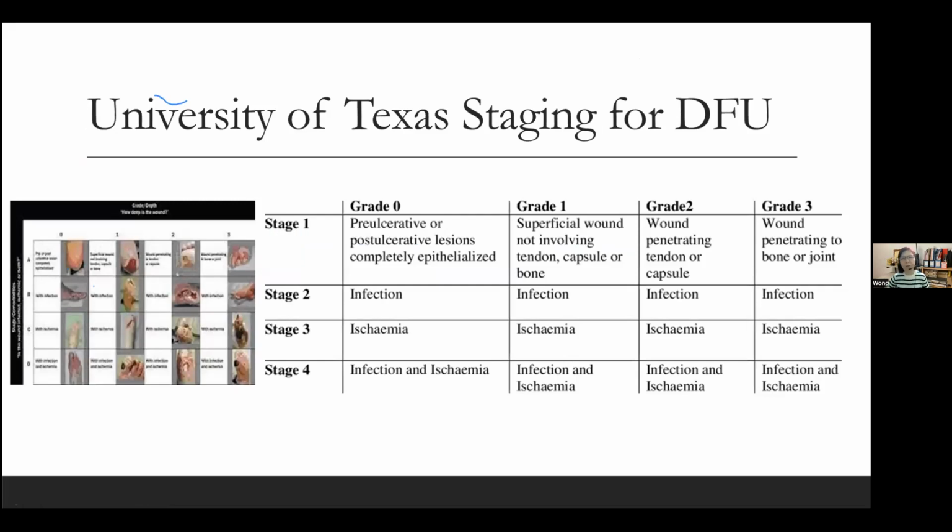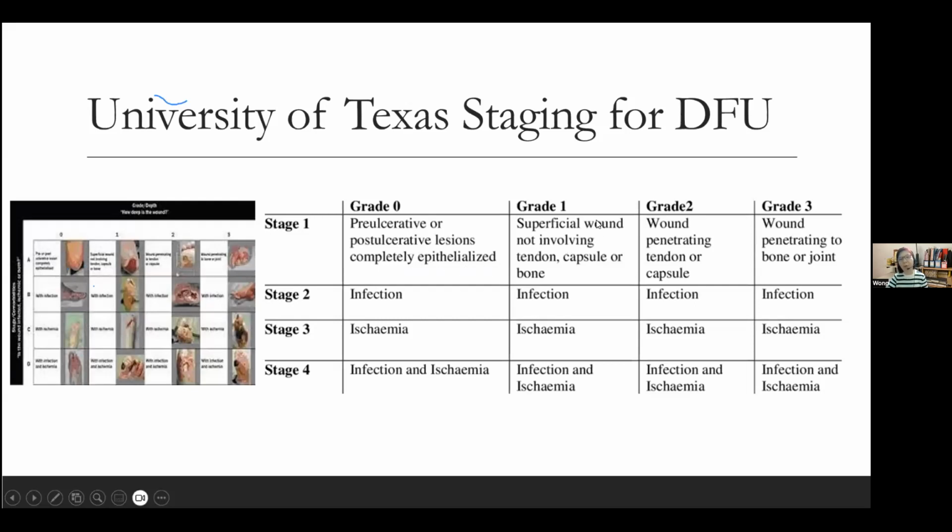Another classification of diabetic foot ulcer is the University of Texas staging, which divides into 0 to 3. You can see from here the description. Grade 0 is before the ulcer happened, or a post-ulcerative lesion, completely re-epithelialized already.